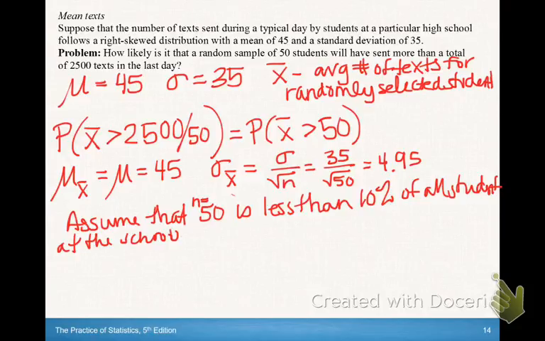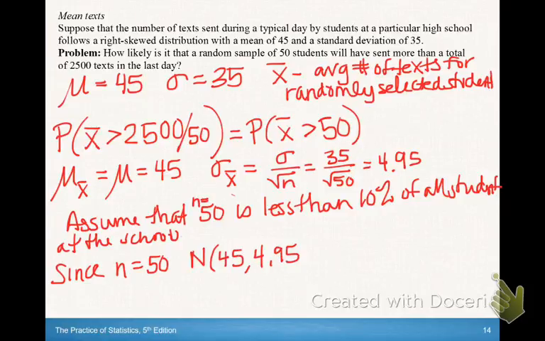Okay, so the 10% rule works, so we can find the standard deviation, and since n is equal to 50, which is greater than or equal to 30, we're allowed to use an approximate normal distribution. We can say we have a normal distribution with a mean of 45 and a standard deviation of 4.95.